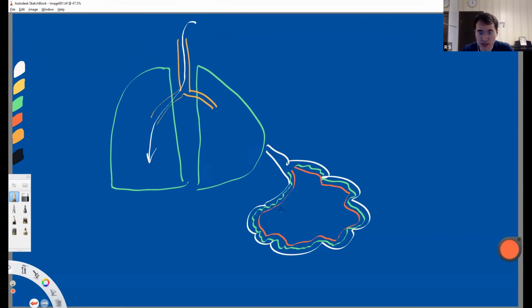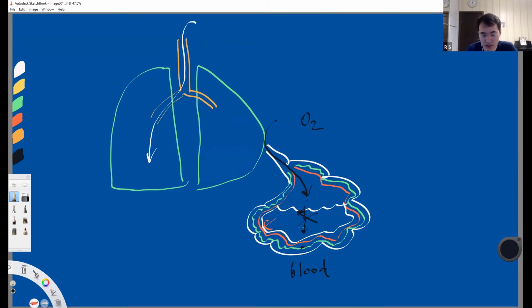But usually the outside part is hydrophobic. So whenever we have water inside, it does not mix with the surfactant, and it blocks the passage of air. So let's say that air gets in, and because of the huge distance between this point and this point, it cannot go through and give its oxygen to the blood.